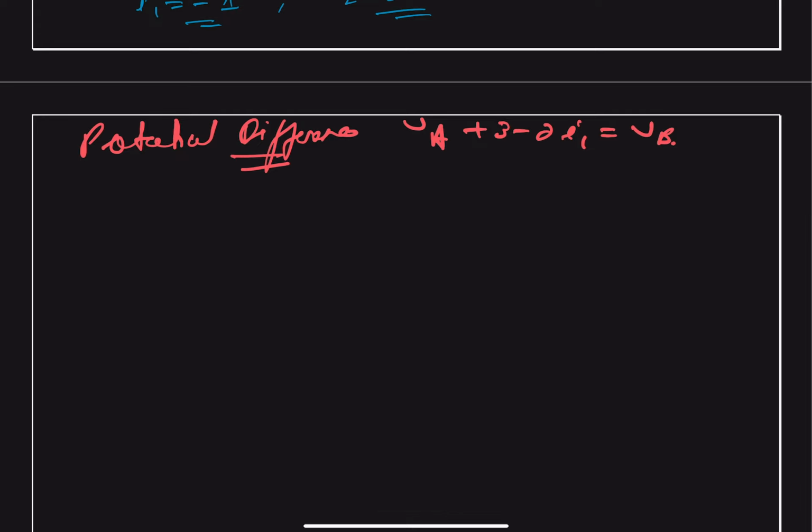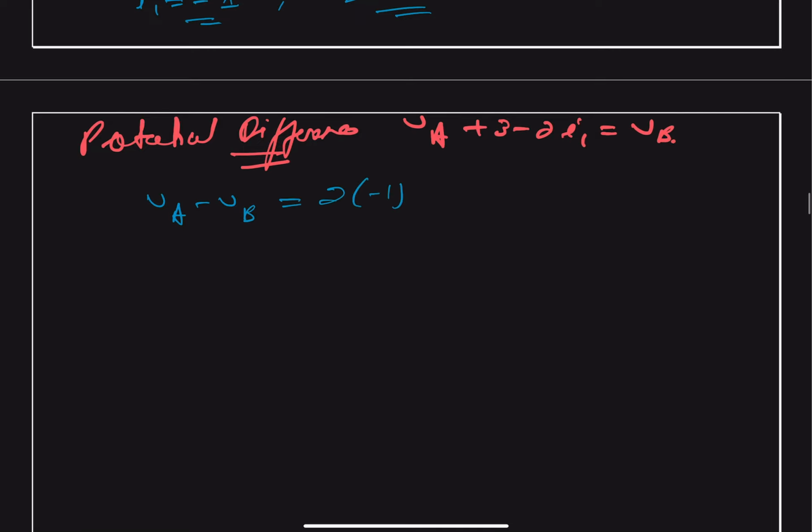And we need to find out VA minus VB. So this becomes VA minus VB is equal to 2 minus 1, substitute the value 3, and this comes as minus 5 volt. So this is the potential difference across our R2, or we can say VA minus VB.